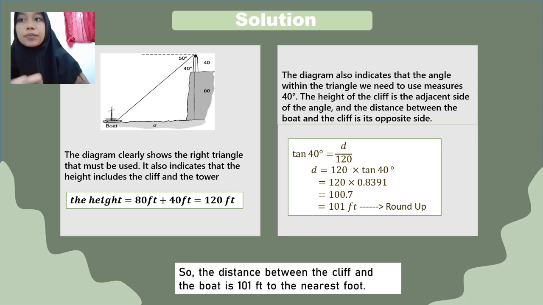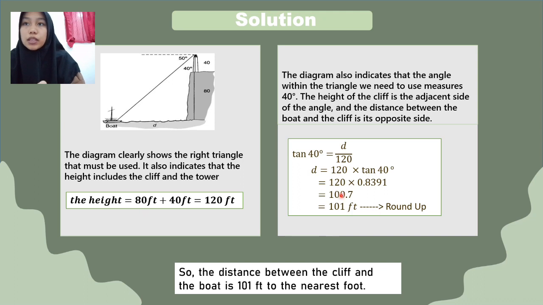This is the solution. The diagram clearly shows the right triangle that must be used. It also indicates the height includes the cliff and the tower. The height equals 80 feet plus 40 feet equals 120 feet. The diagram also indicates the angle within the triangle. We need to use the measure 40 degrees. The height is the adjacent side of the angle, and the distance between the boat and the cliff is its opposite side.